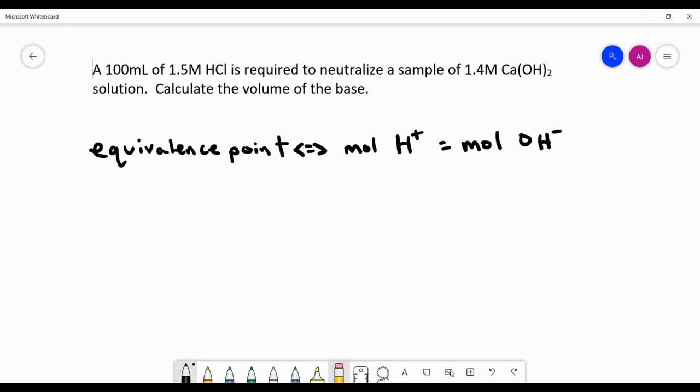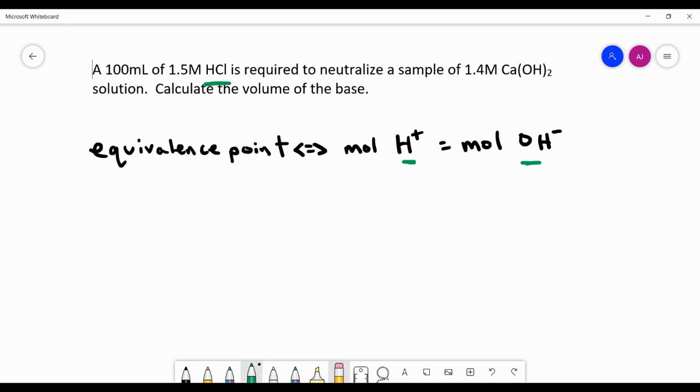The equation rests upon this principle, which is true at the equivalence point. If you don't remember what the equivalence point is, that's the point at which neutralization has occurred, precisely when the moles of hydrogen ions is equivalent to the moles of hydroxide ions. Where I'm going to start off here is finding the moles of the acid.